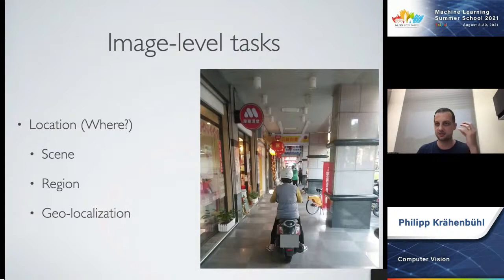That would essentially mean figuring out the exact geographic location where this picture was taken. It seems like an incredibly hard task, but computer vision systems can do this quite reliably if you stay within large cities and areas that have been seen before.